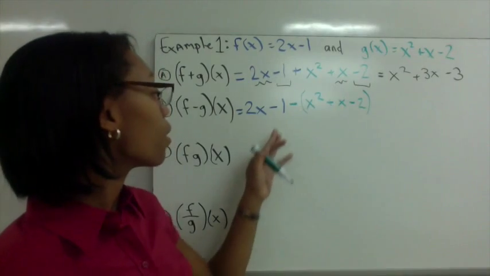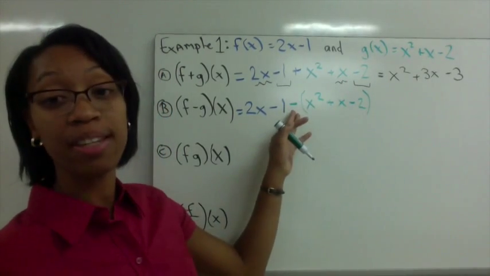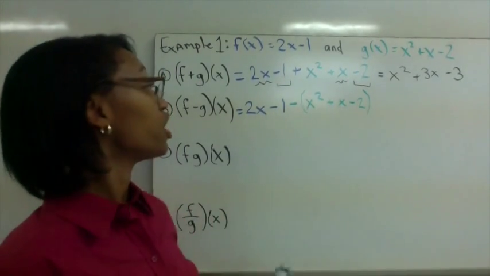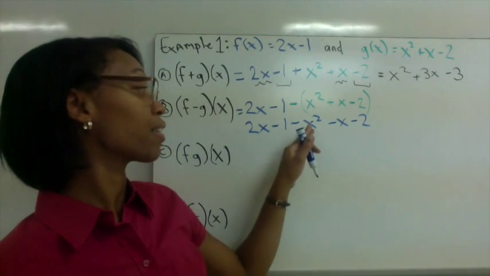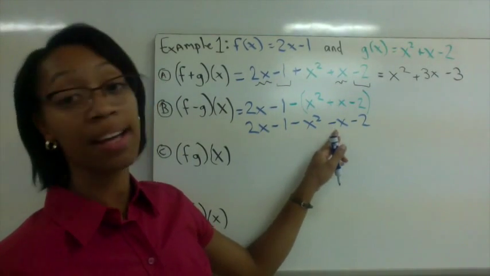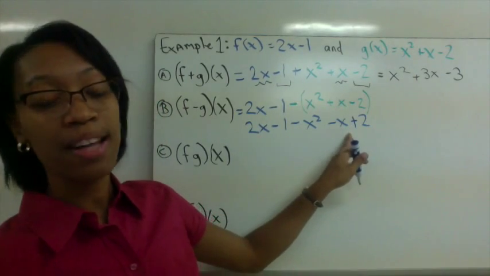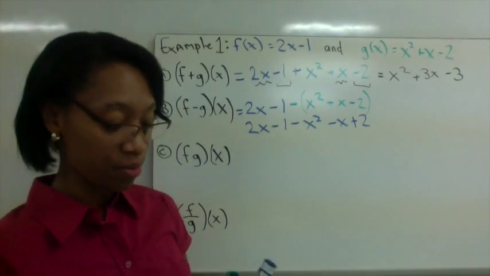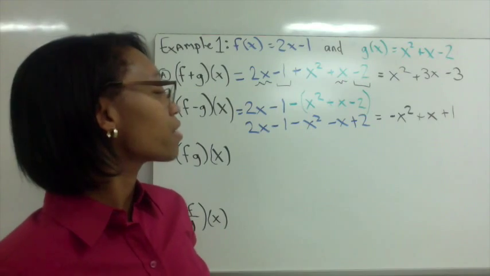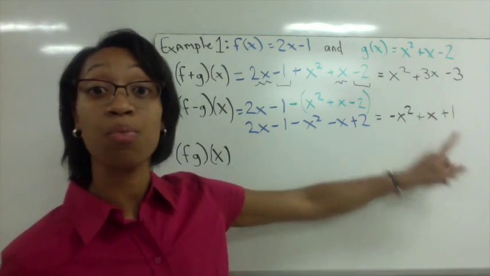Let's distribute this negative to all of g. That gives me a negative x squared, a negative x, and a plus 2. Now we can combine like terms, and we have negative x squared plus x plus 1.